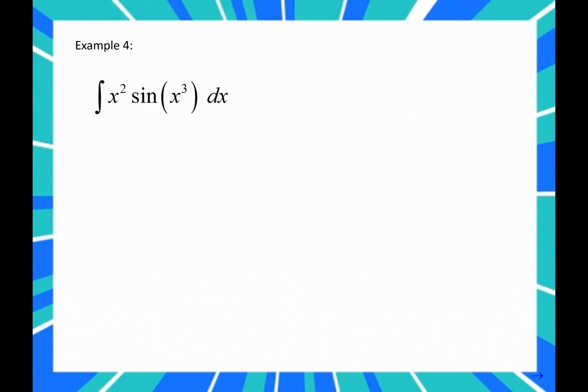In this particular problem, I'm going to let u be equal to x cubed. So du is going to be equal to 3x squared dx. So I actually have an x squared dx, so that I've got a match there, but I need to have another 3.